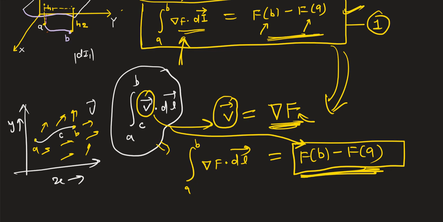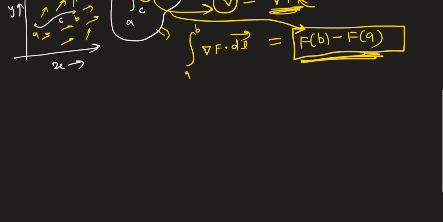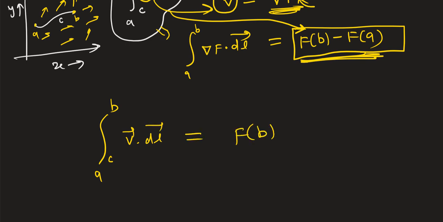Now what is the condition? Let me write it. I can write a line integral along a path C of vector b as f of b minus f of a. That means the line integral only depends on the endpoints b and a.